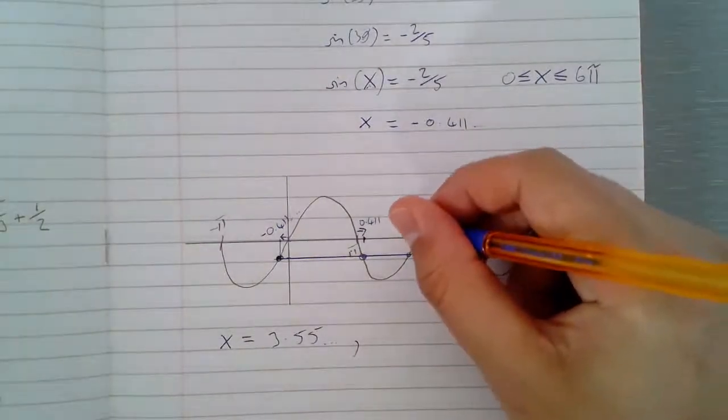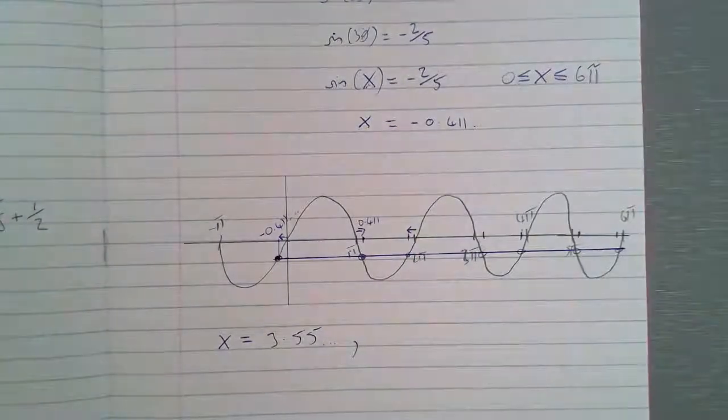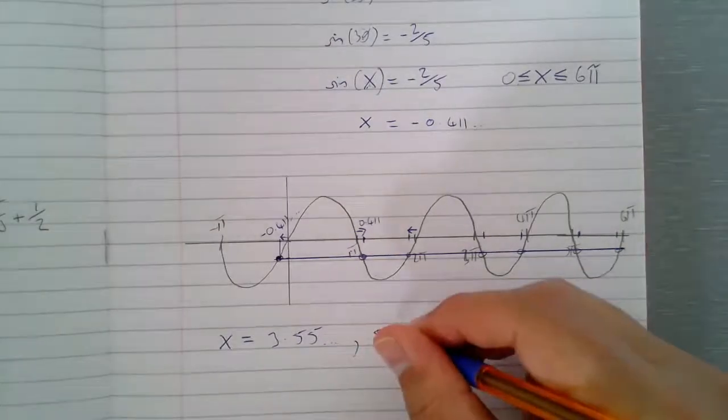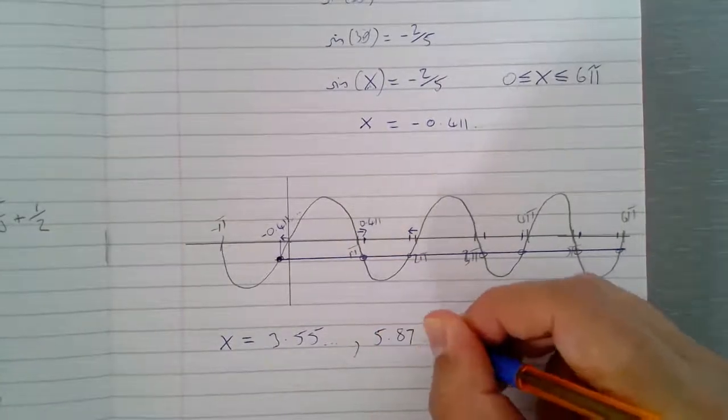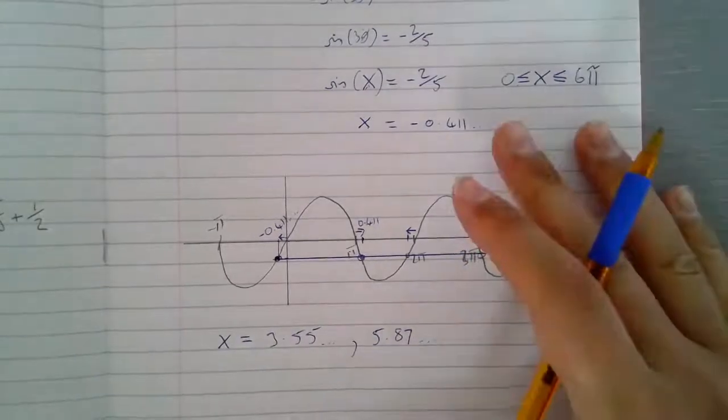This one here is 0.411 less than 2 pi. So I can type that into my calculator, 2 times pi, take away 0.411, gives me 5.87. And then I can do this one, that one, this one, and that one, and I'll leave you guys to do those ones.